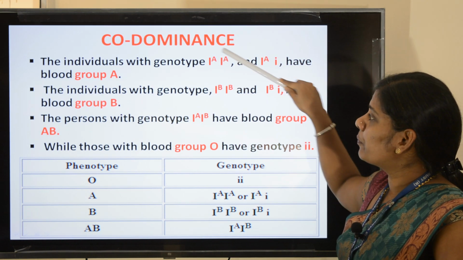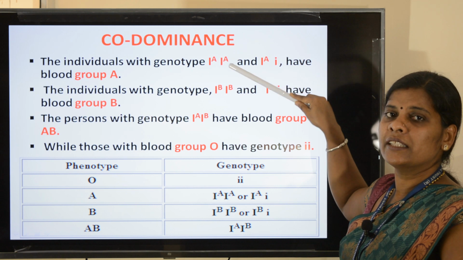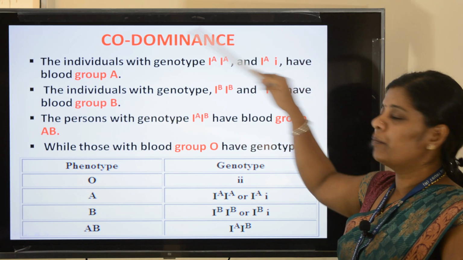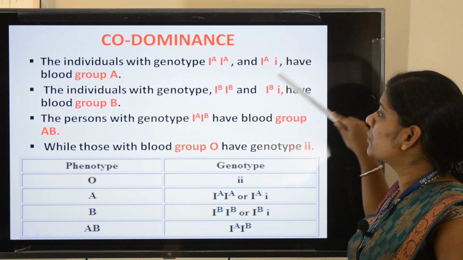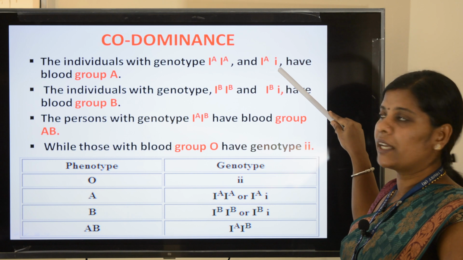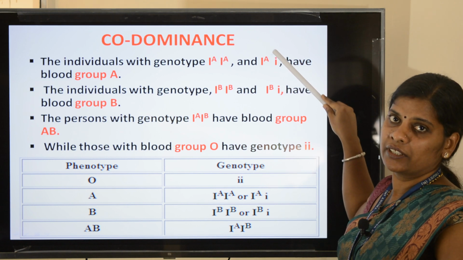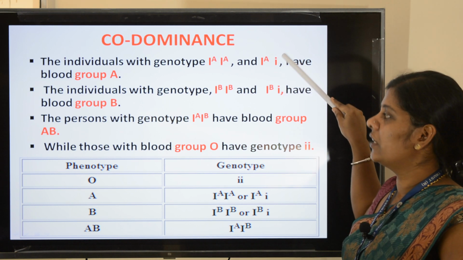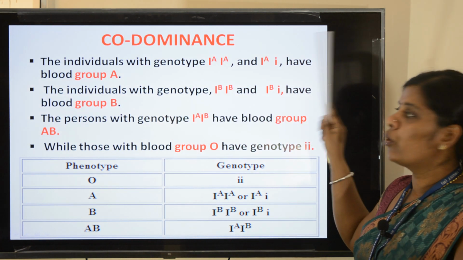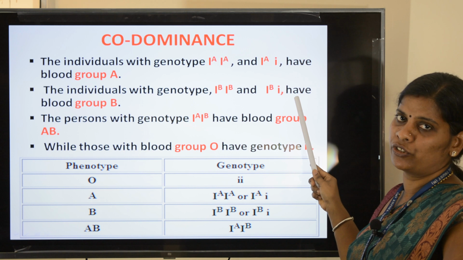If he represents IAIA, then the condition is called homozygous. If he possesses dominant IA and recessive i, it is the heterozygous condition. In blood group B, also, an individual may possess a homozygous or heterozygous genotype.